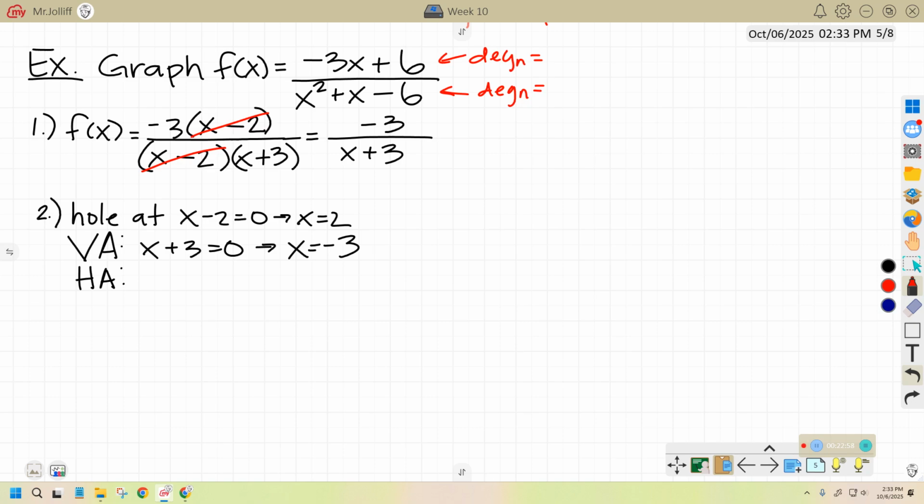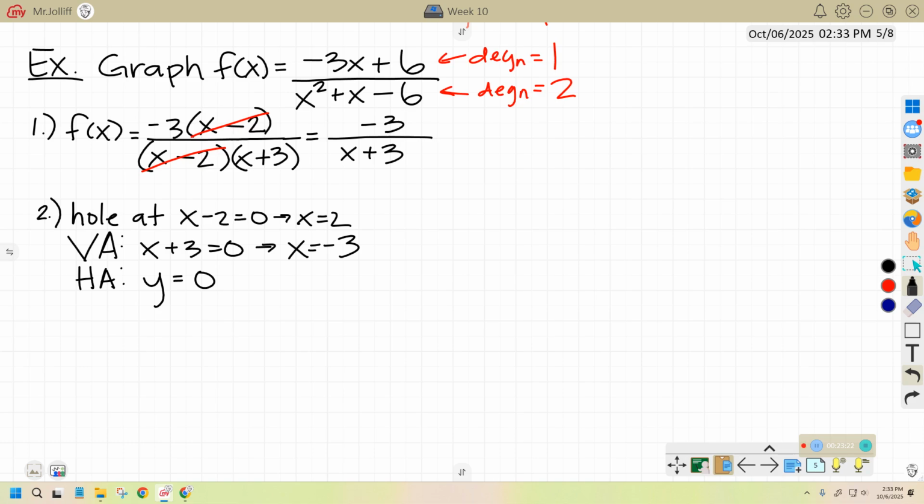Very good. What about the denominator? 2. Very good. So I can see that numerator is smaller than denominator. Who can tell me what our horizontal asymptote is? 0. Very good.